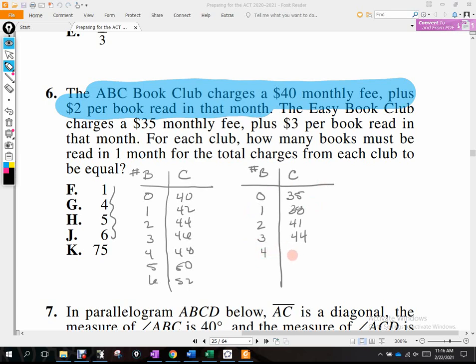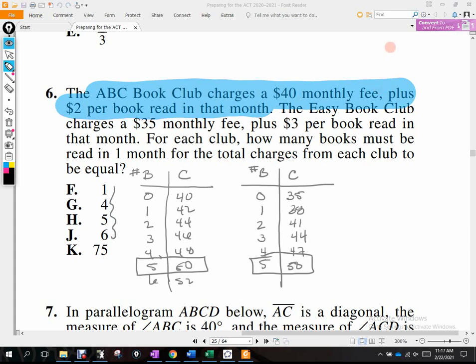Four books would be 47. 5 books would be... Does that kind of make sense right there? Okay. We're looking for the same number of books to produce the same cost. So a table will work.